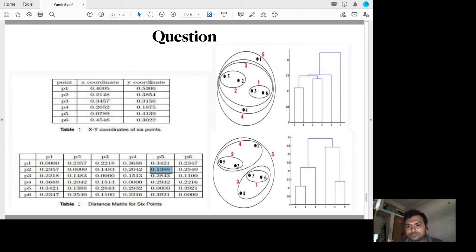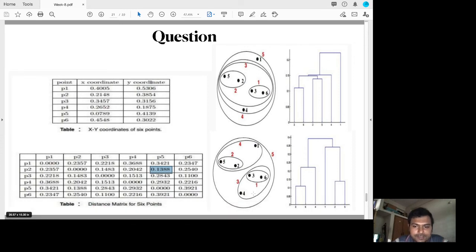First one is not single linkage. Why? Second one is the single linkage. Why? Because there is a least distance between 3, 6, cluster 1, and 4. Distance is minimum between cluster 1 and 4 in the second diagram.